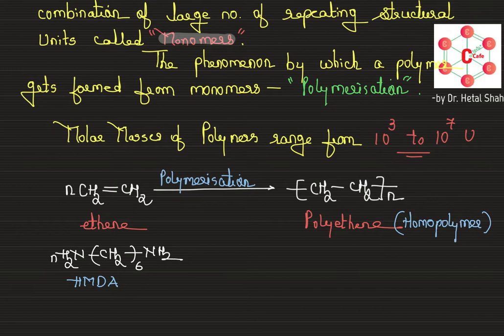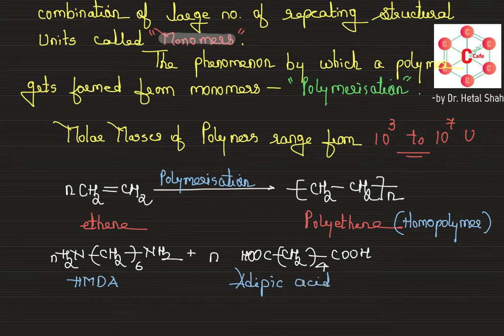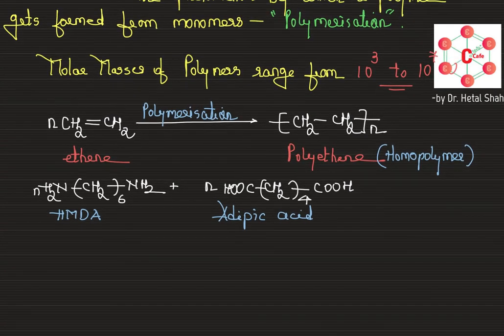So if you take n molecules of this and n molecules of COOH, CH2 4 times, and COOH. This is hexane 1,6-dioic acid, and it is also called adipic acid. This is the general term used for it, and here you have these N molecules. Now here there is polymerization taking place.